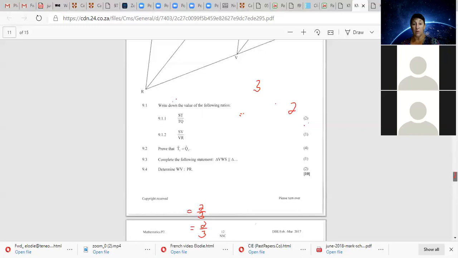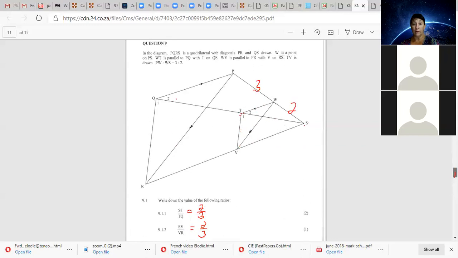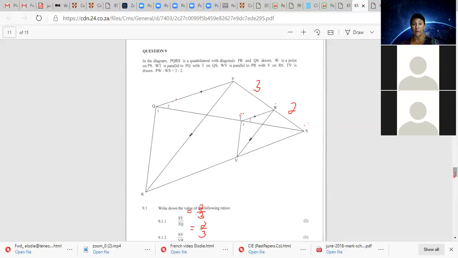Prove that angle T1 equals Q1. Okay, so you want to prove that that is equal to that.